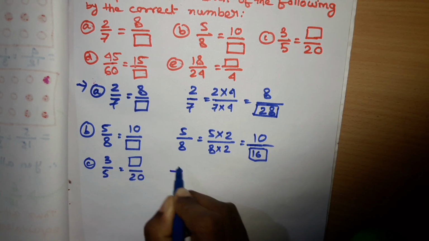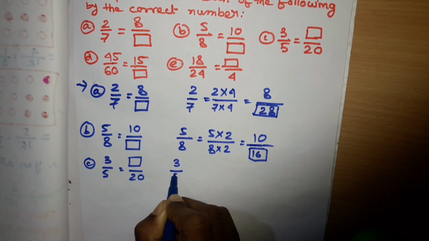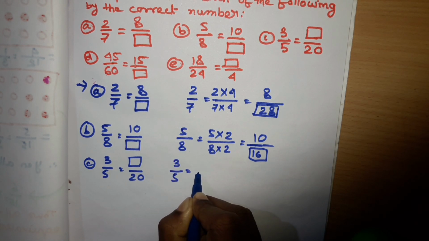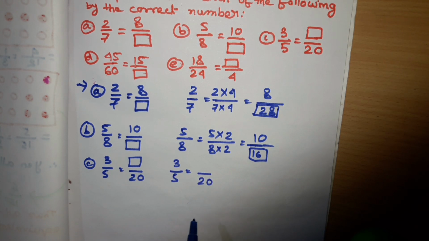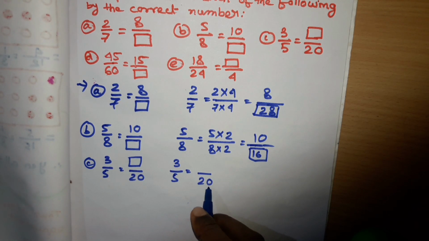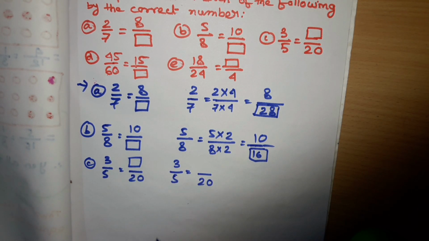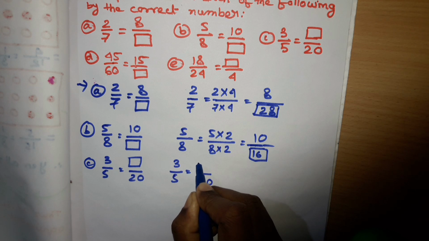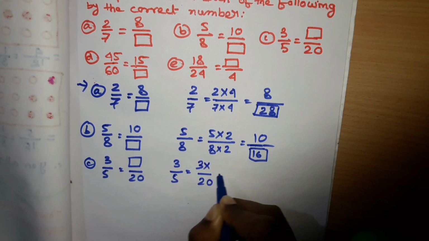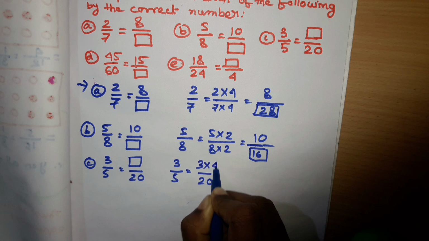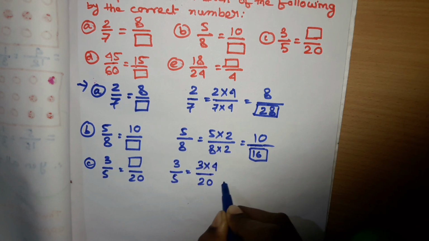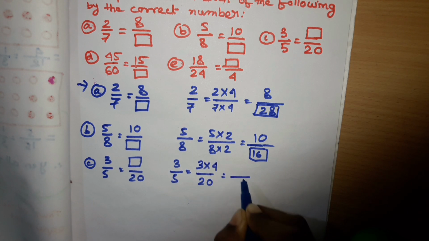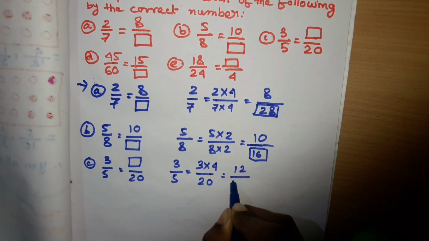So 20 is there. To get 20, I have to multiply 5 into 4. So I have to multiply the numerator by 4 as well. So 3 into 4 is 12.